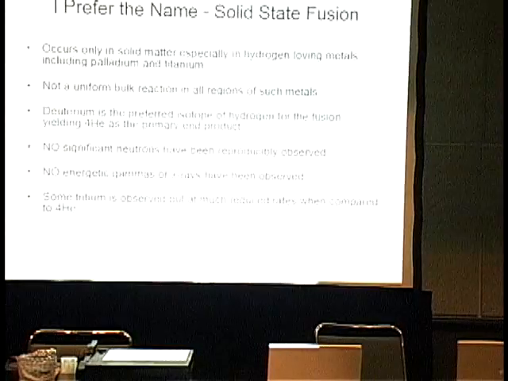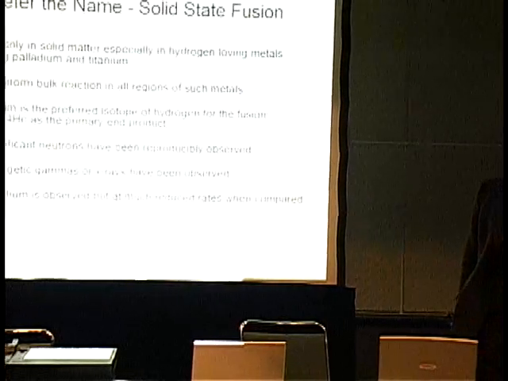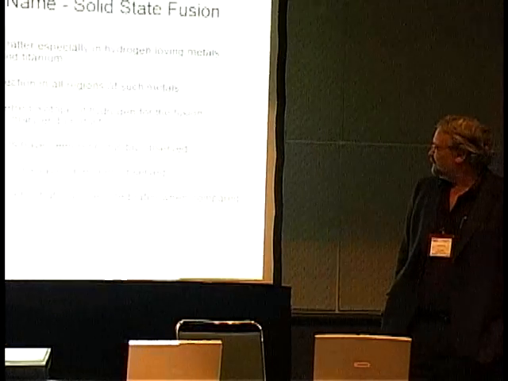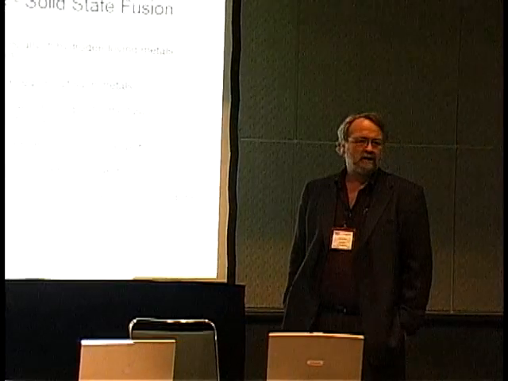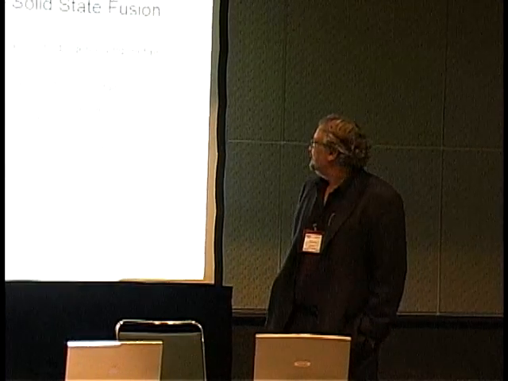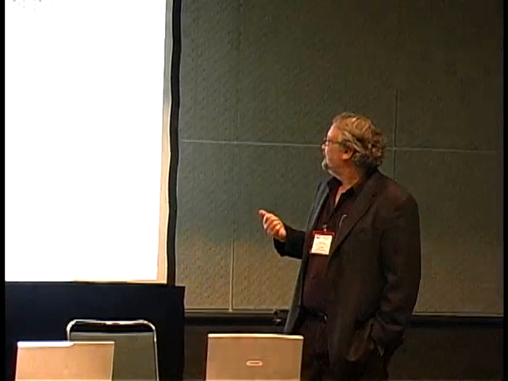I prefer to call it solid state fusion. I think that's more consistent with where it occurs and how it occurs in matter. It only occurs in solid matter, especially in hydrogen-loving metals, including palladium and titanium and a few others.